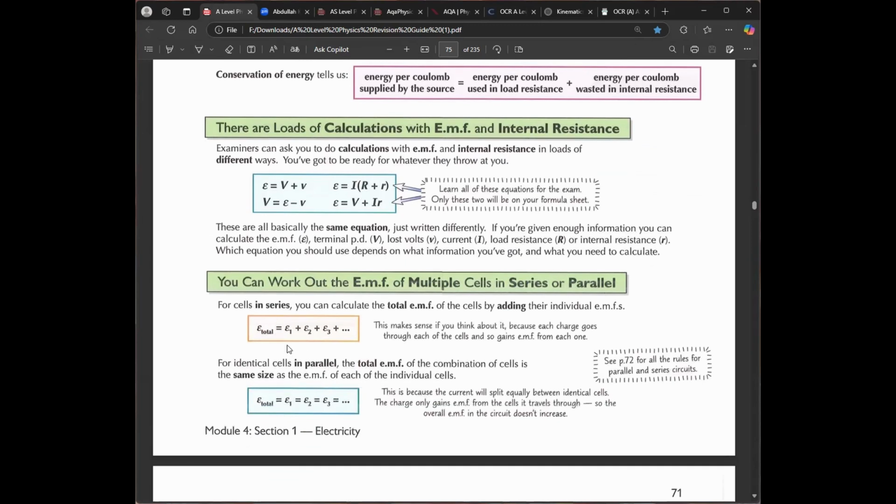And obviously, if you have multiple cells connected in series, the EMFs will add up. And if they are connected in parallel, you know what happens with loads and potential differences connected in parallel. They just remain the same for all of those channels, is what is written here. All right.